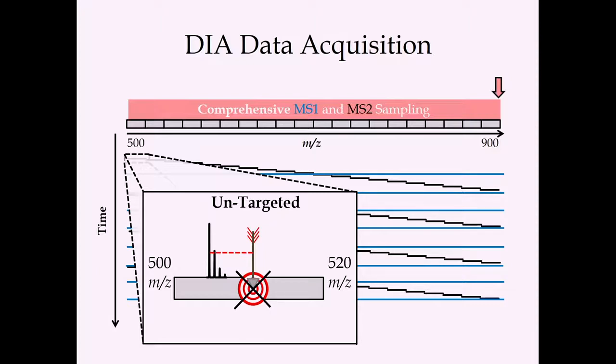So in this case, the precursor could be on one side, it could be on the other, etc. It's also unbiased because we don't care what the intensity of that precursor is.